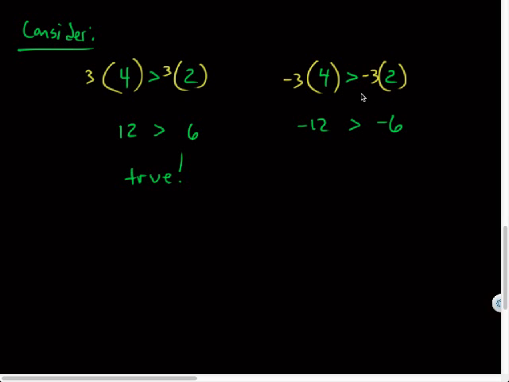That's not greater than, that's less overall. So this is false. However, notice this: negative 12 is less than negative 6. The reverse statement is true if I flip this sign.